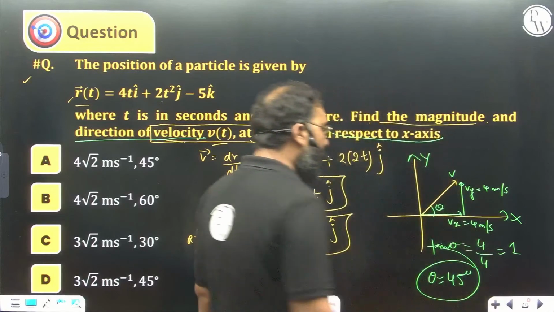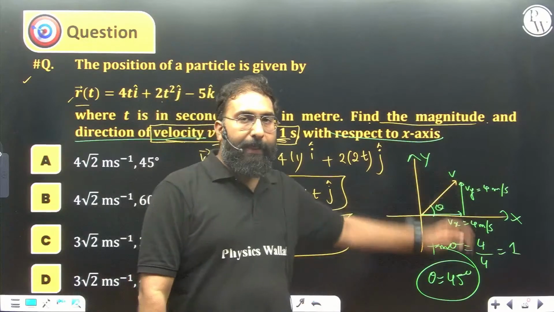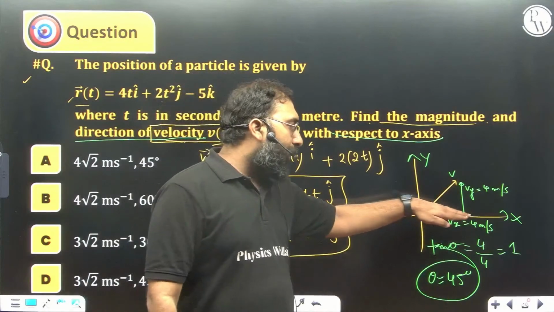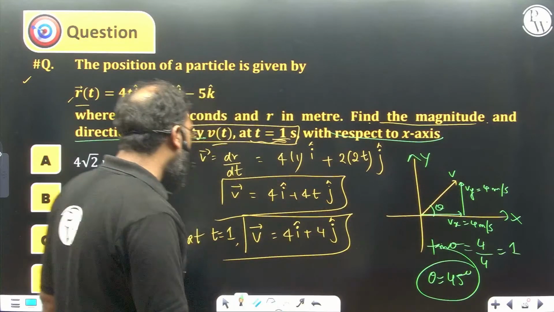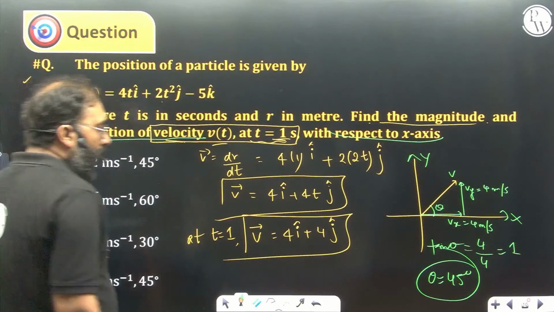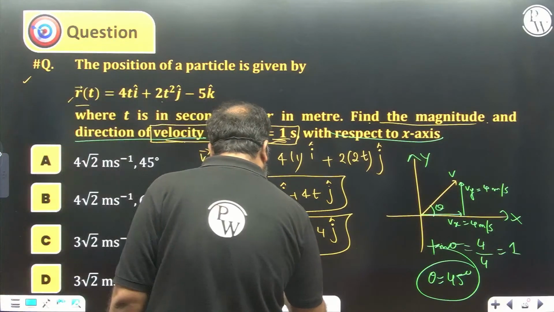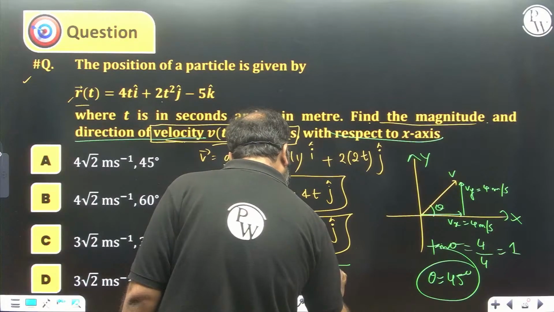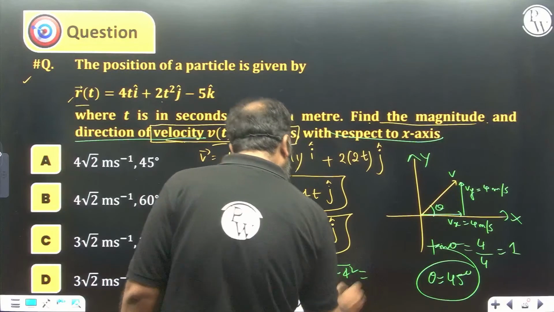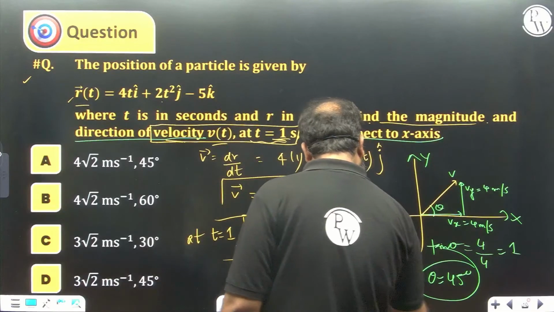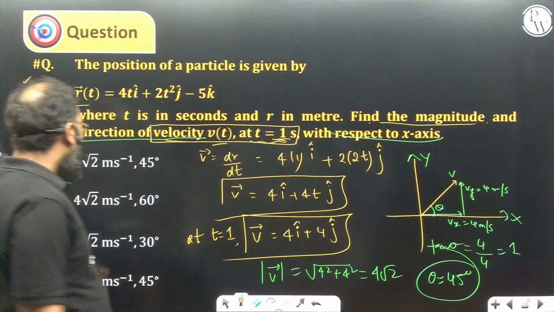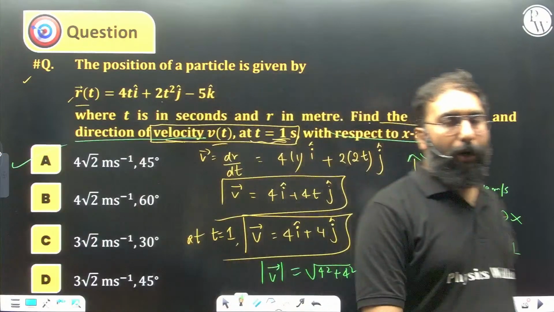So this velocity is acting at an angle of 45 degrees from the positive x-axis in the anti-clockwise direction. The magnitude of the v vector is under root of 4 square plus 4 square, so this is 4 root 2. So the correct answer is A: 4 root 2 meter per second and 45 degrees.